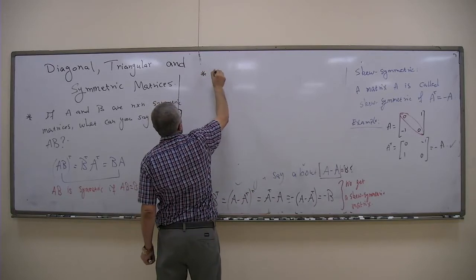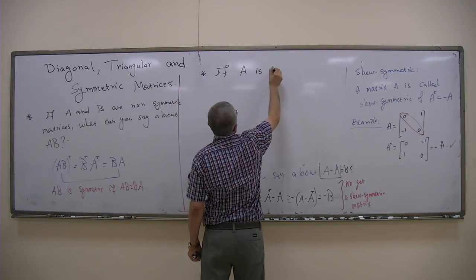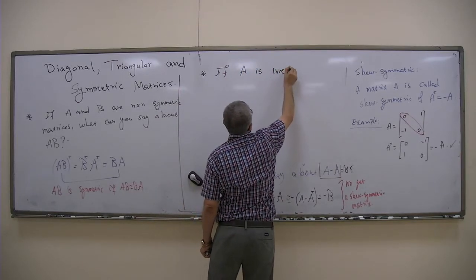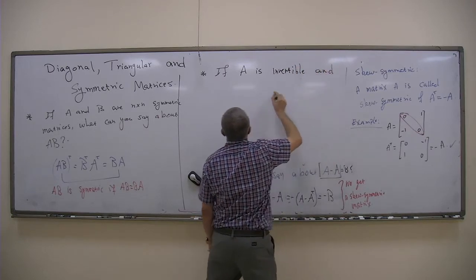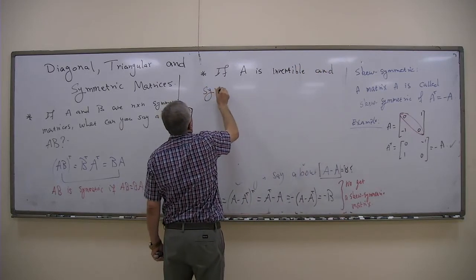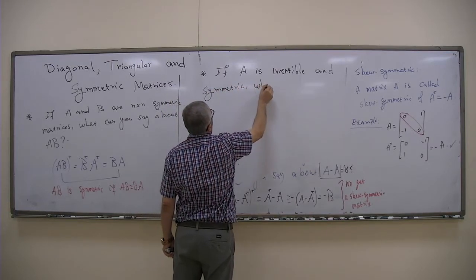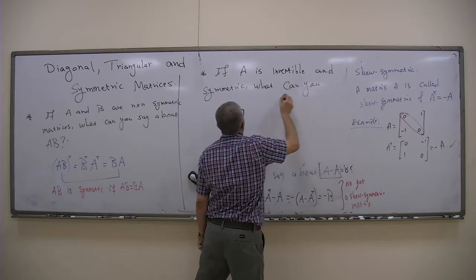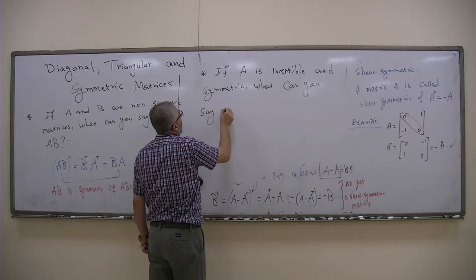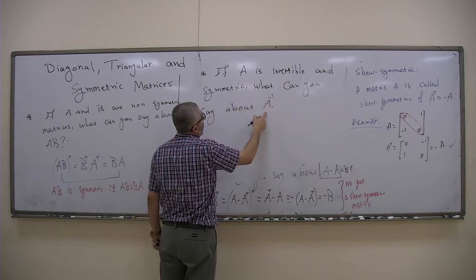If A is invertible and symmetric, what can you say about A inverse? It is invertible, so A inverse exists.